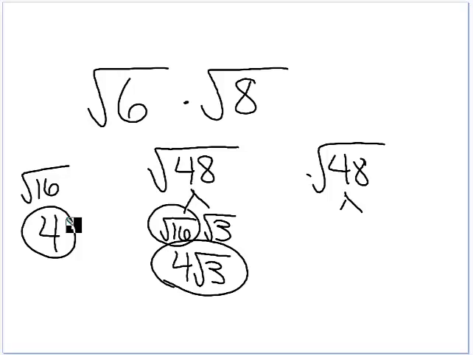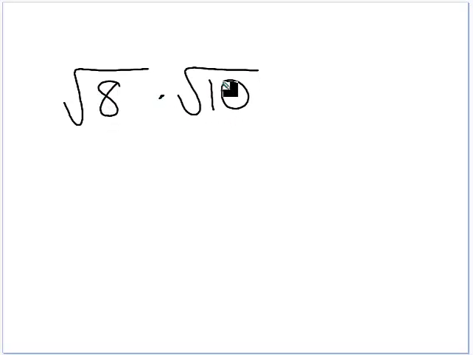One more example. Square root of 8 times the square root of 10. 8 times 10 is 80. So we combine them to have the square root of 80.